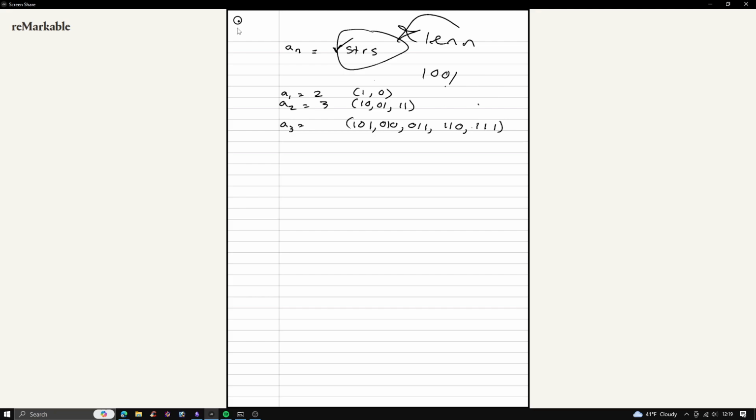So only the items that end in 1 will have offspring that end in 0, which means that this guy will only have 2 offspring that end in 0, which is equal to the amount of guys in here. And the same is true for this. This guy will only have 3 offspring that end in 0. Because the total amount of things ending in 1 from the previous is the total amount of offspring that end in 0 for the next.